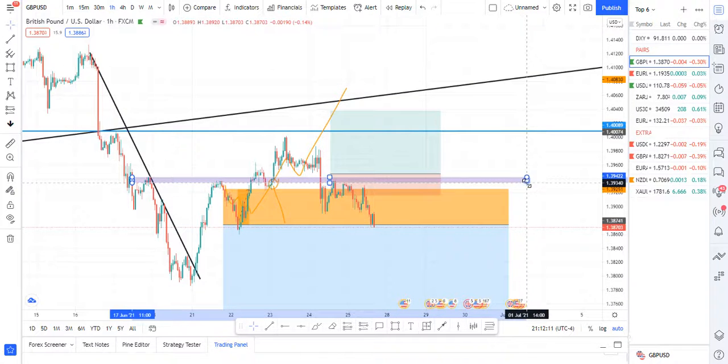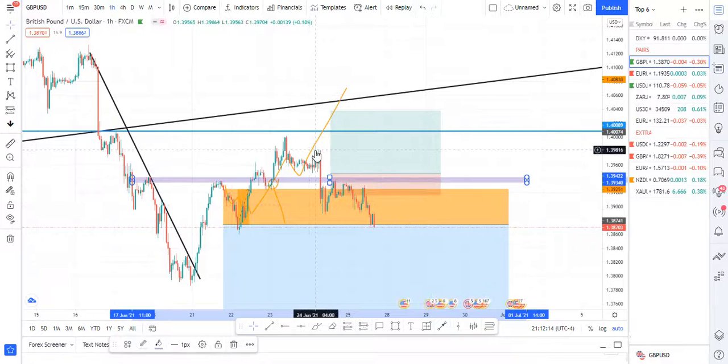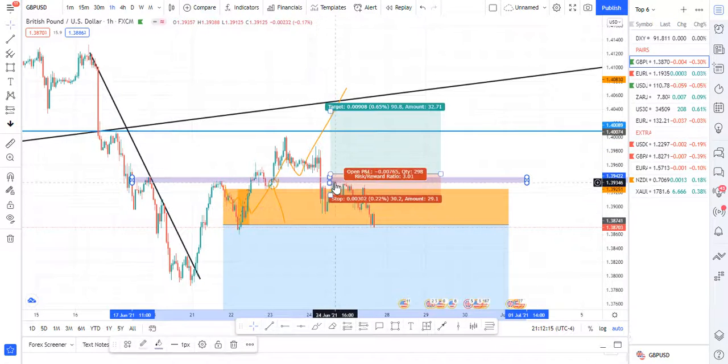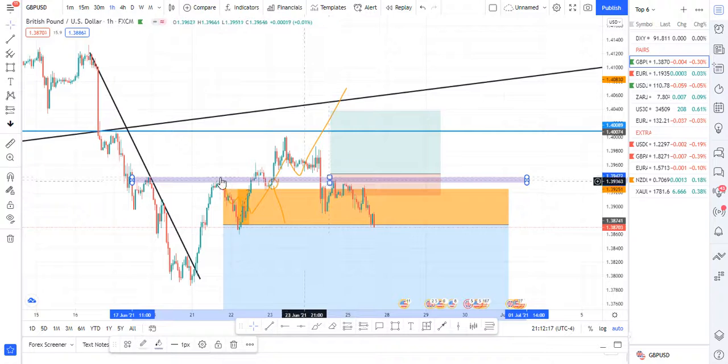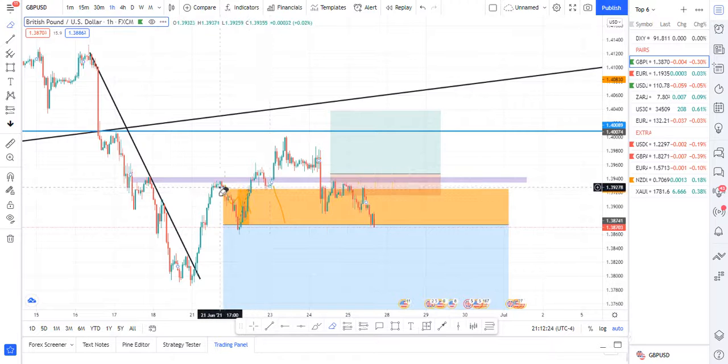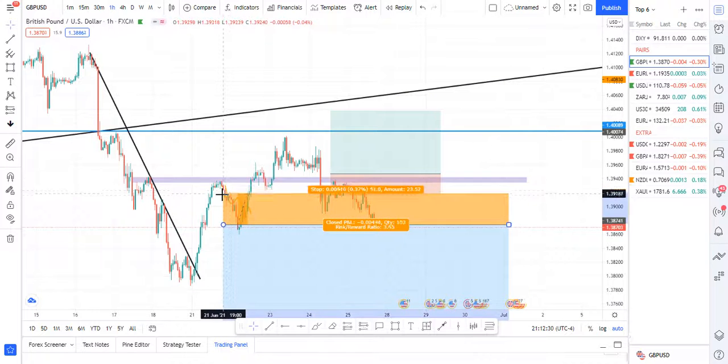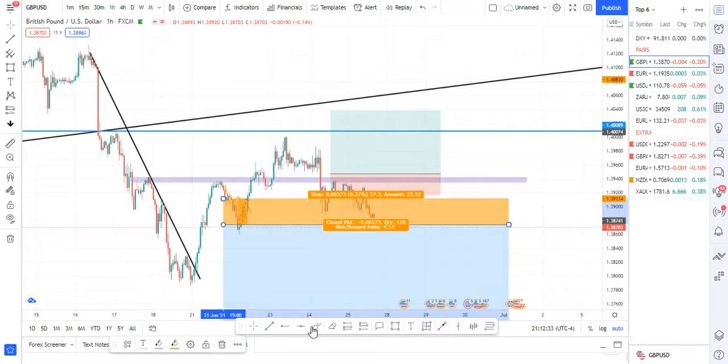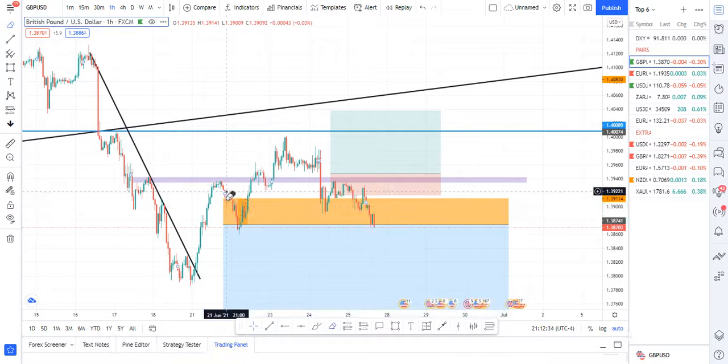Look where it rejected, after going up, coming down, and retesting here. Unfortunately, by the time that happened, I was already in multiple trades, so I used most of the leverage that I felt was safe to use. So I ended up missing this trade.